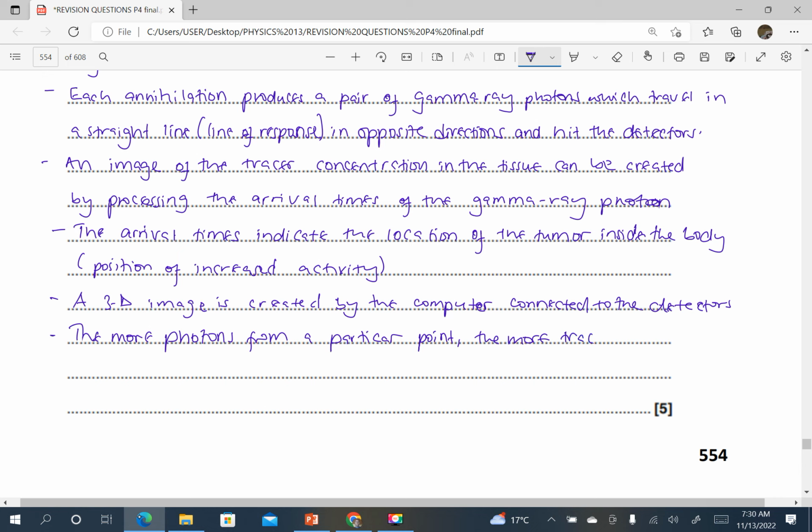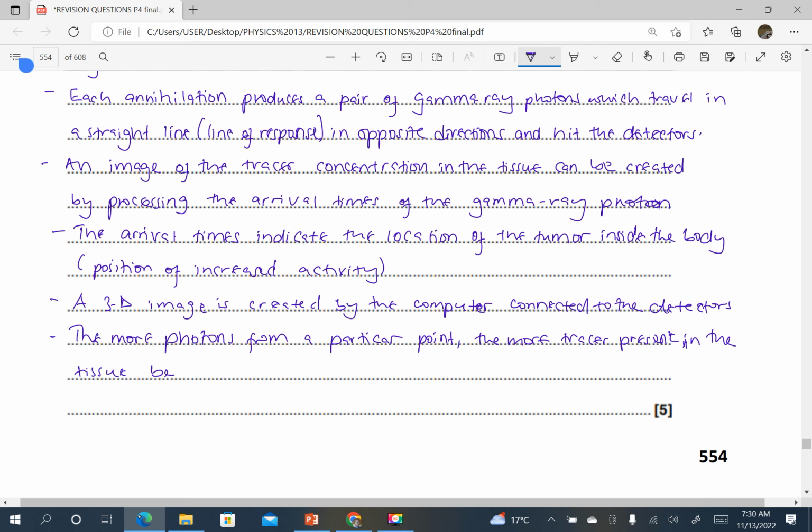So the more tracer present in the tissue which is being studied, this will appear as a bright point on the image.